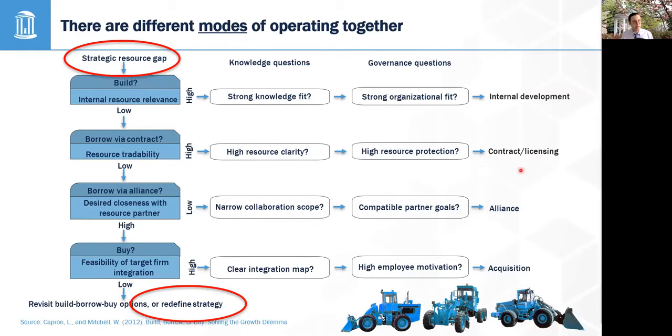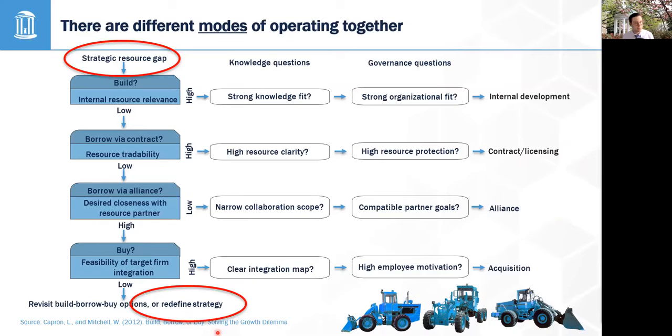So if you decide that contracting makes the most sense, you would not continue to consider alliances and acquisitions. You would stop at the contracting phase. So you move through each of these, and then if you get to the end and none of these pathways make sense, if you've rejected all of them, then you need to redefine your strategy.